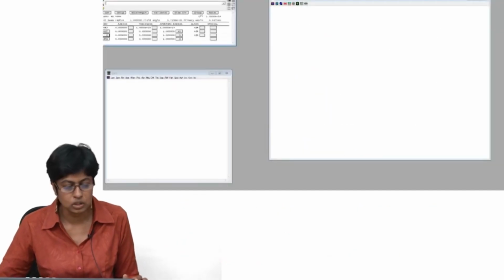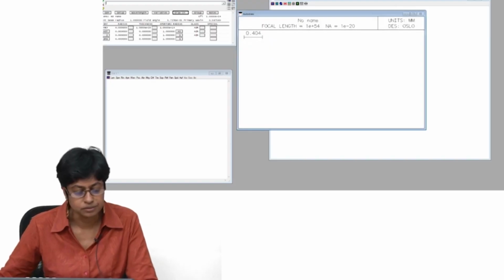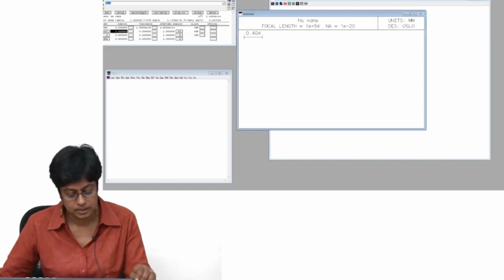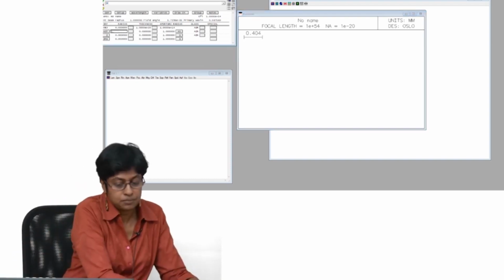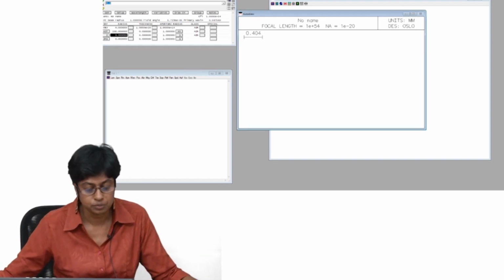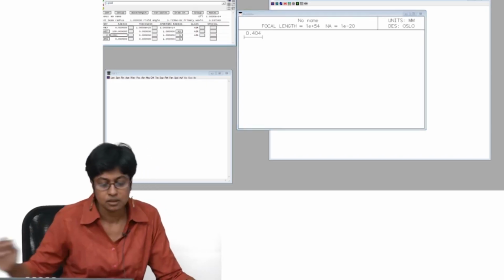So I have opened OSLO. I have a couple of rows here, and let's just say I add some. I'm going to put a simple thick lens.